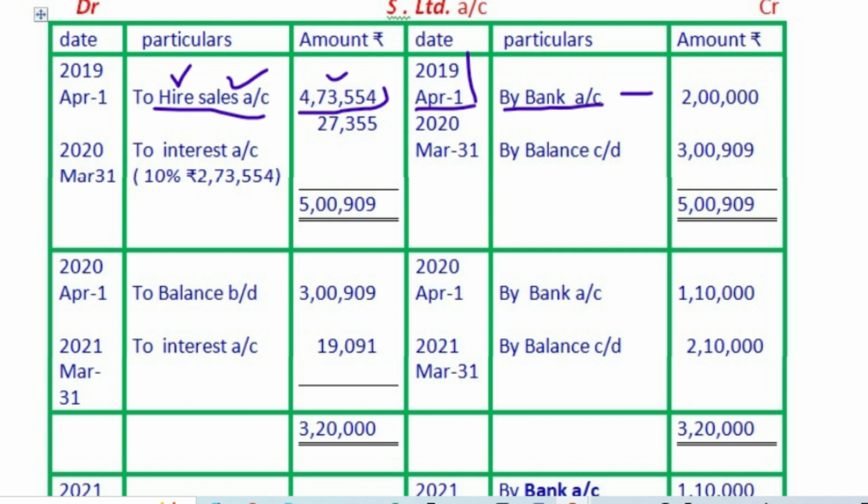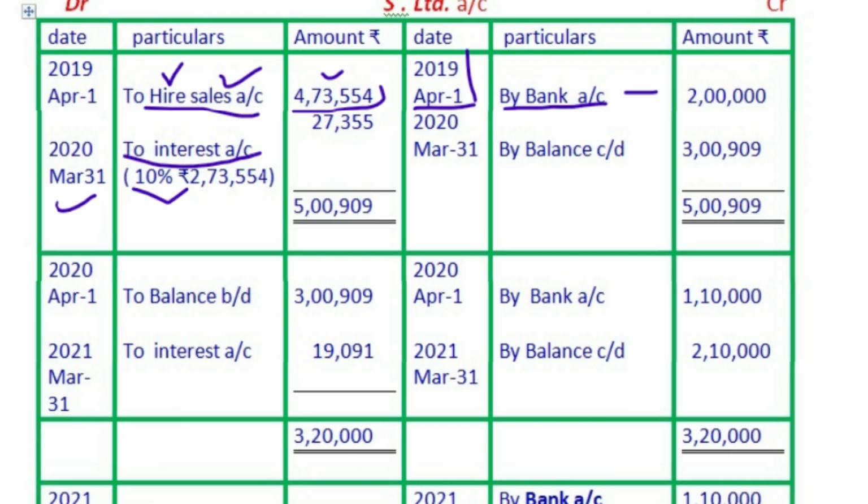And the interest is calculated on 31st March 2020, after 1 year. Interest becomes due at the end of the first accounting period, and it is calculated.